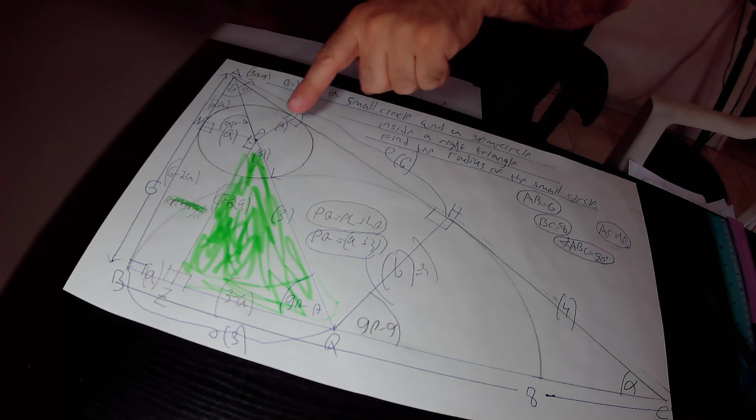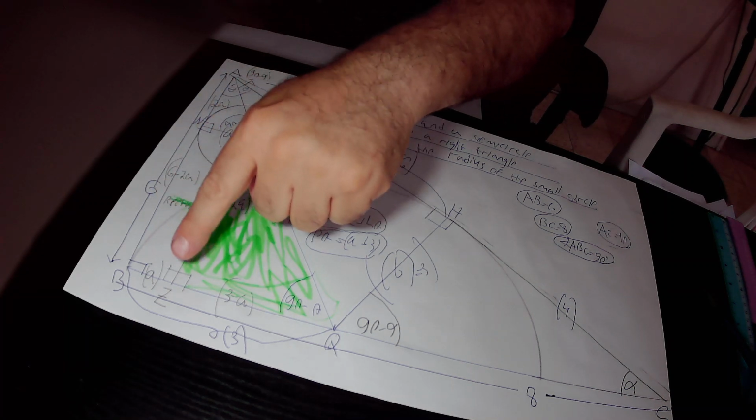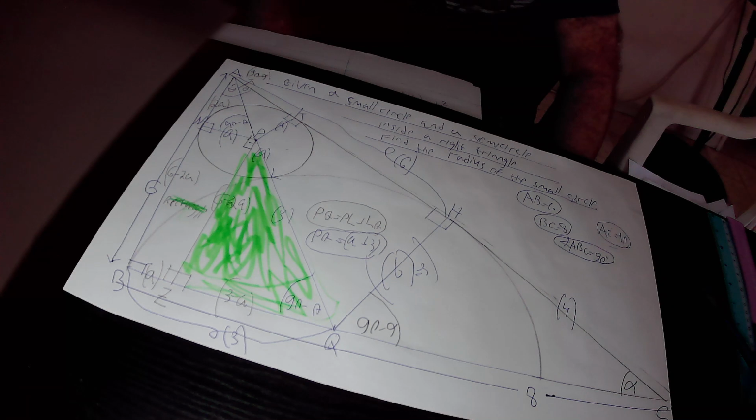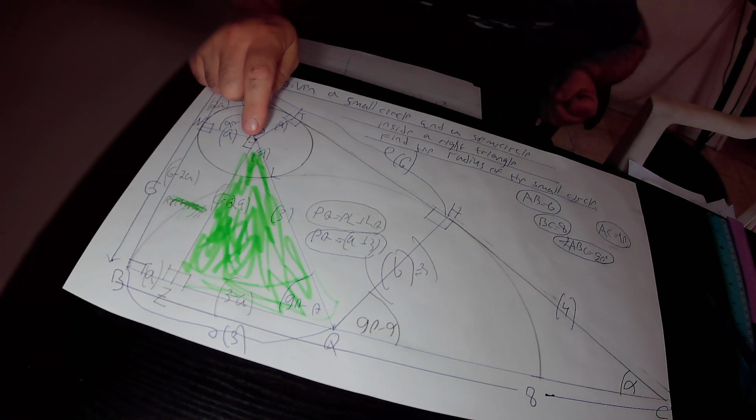Inside quadrilateral NPZB, we have 1, 2, 3 right angles. The sum of 3 right angles is 270 degrees. So 270 degrees plus the size of this fourth missing angle, in total, must be equal to 360 degrees, according to the rule that the sum of the angles in any quadrilateral is equal to 360 degrees. Therefore, this fourth missing angle must be equal to 90 degrees.